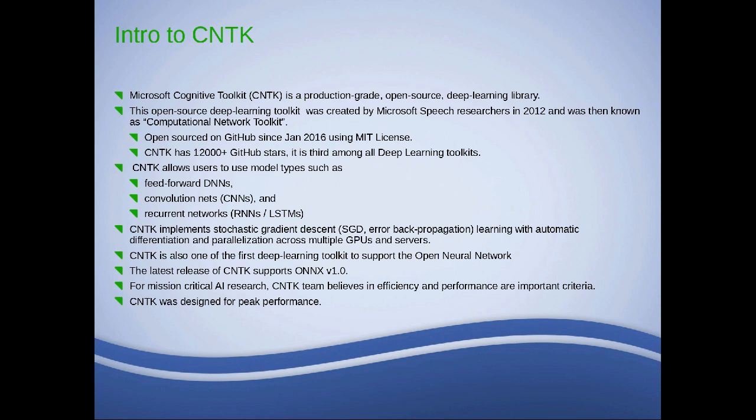CNTK allows users to easily realize and combine popular model types such as feed-forward DNNs, convolution nets CNNs, and recurrent networks RNNs or LSTMs. CNTK implements stochastic gradient descent (SGD), error backpropagation, learning with automatic differentiation, and parallelization across multiple GPUs and servers.